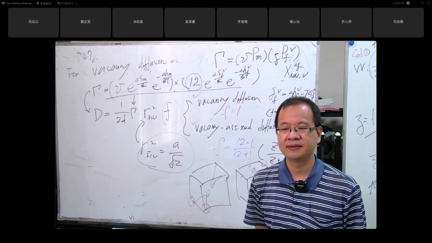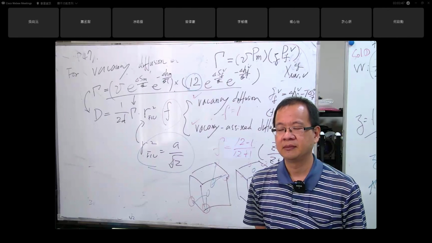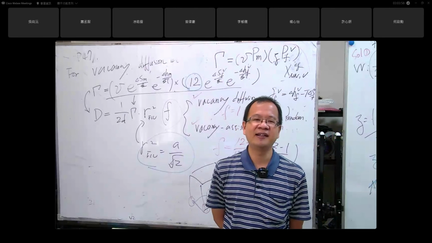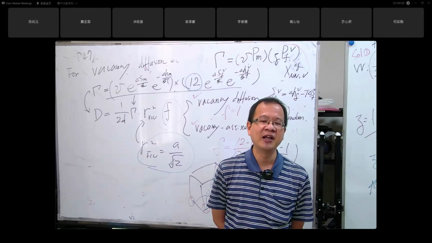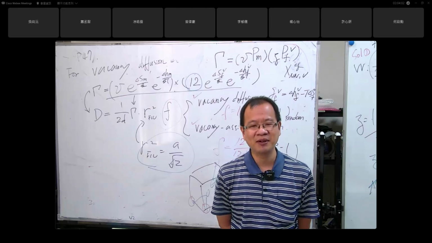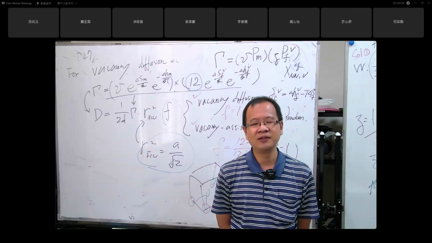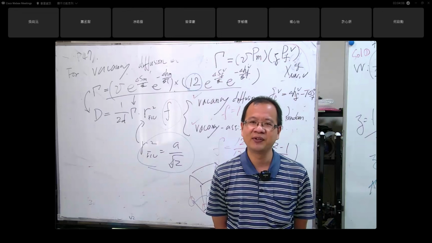So we've mentioned that for the little z, the coordination number, we have to divide by 2. No, be careful. That's for vacancy complexes. Different cases have different coordination. You cannot just simply memorize it and think it's the same. No, if I introduce it, most likely there are different cases.